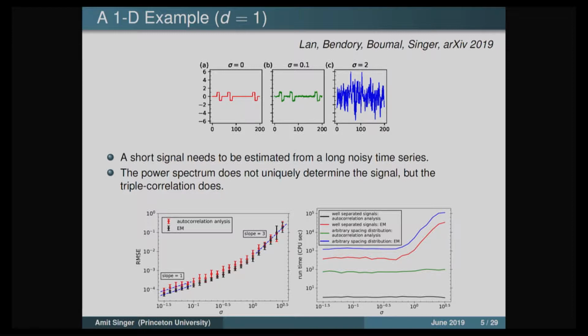You get all those noisy reflections at different delays, but there is so much noise that you cannot see anything. This would be the picture on the right. The picture on the left, we can all see with our eyes. The picture in the middle, we can also see, but we'll get better estimation by averaging. In the picture on the right, nobody can do detection. But you can still estimate the underlying signal by autocorrelation analysis.